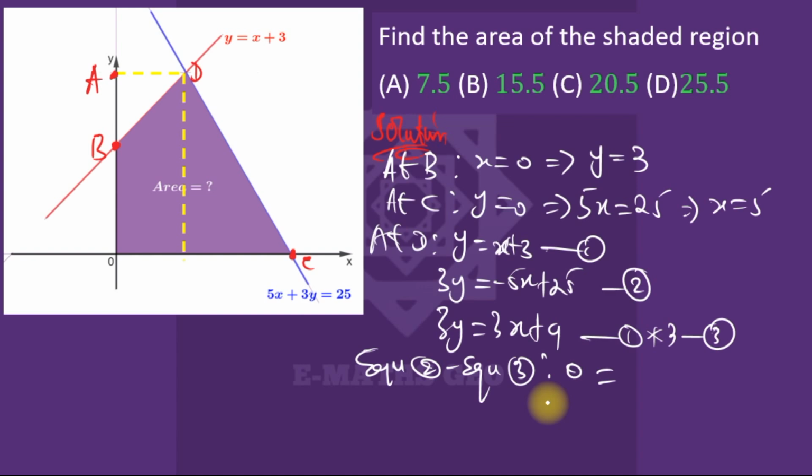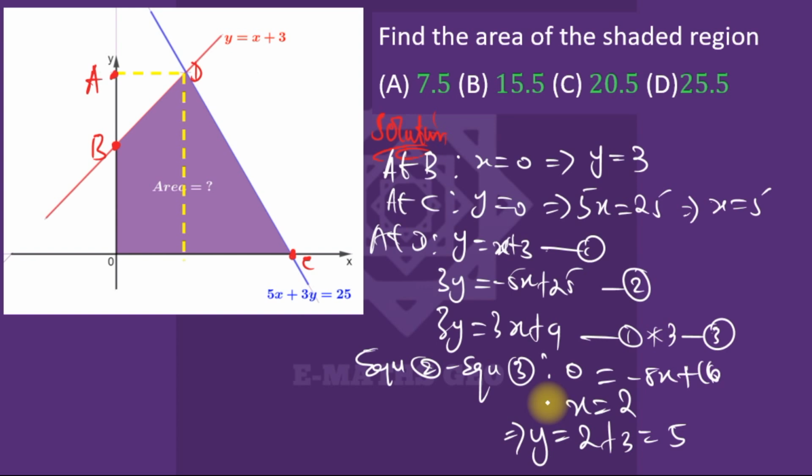Minus 5x minus 3x is minus 8x. 25 minus 9 is 16. So if we solve for x, we see that x is 2. So if x is 2, using equation 1, y is 2 plus 3, which is 5.